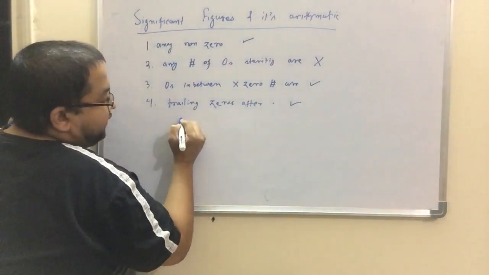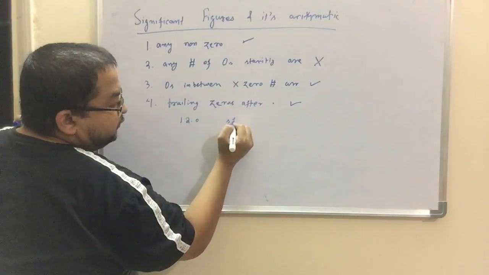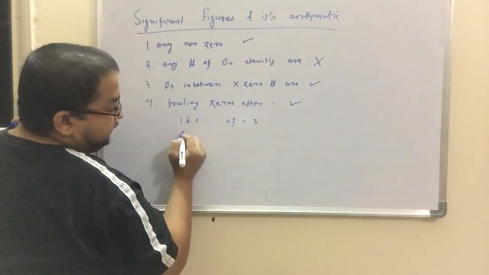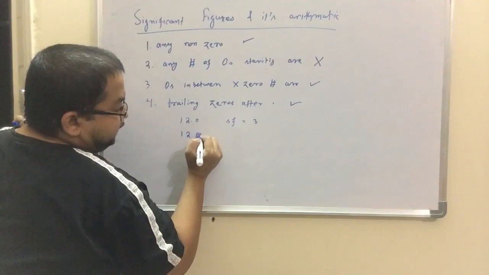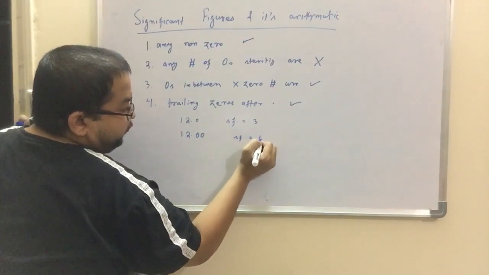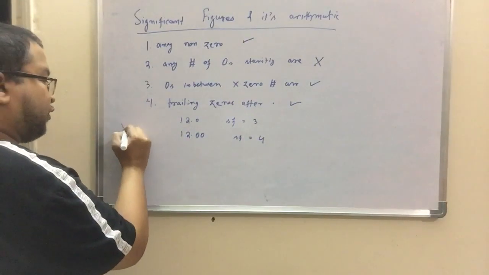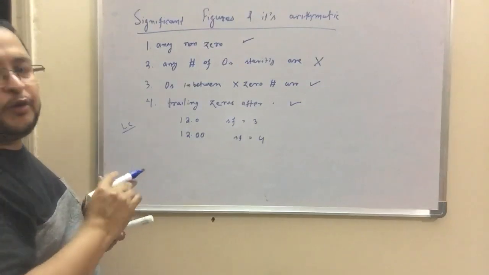Okay, so if I'm writing 12.0, it has 3 significant digits, and if I put 12.00, it has 4 significant digits. The reason, again, I will explain because we need to understand what least count is and all those things.